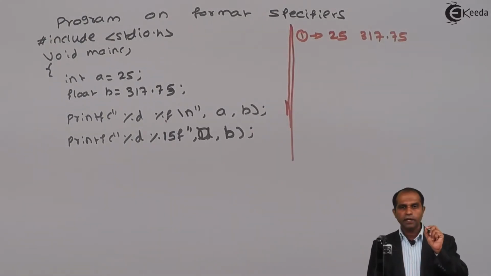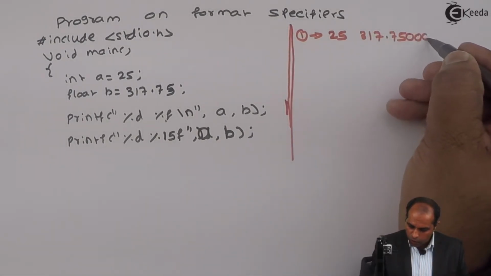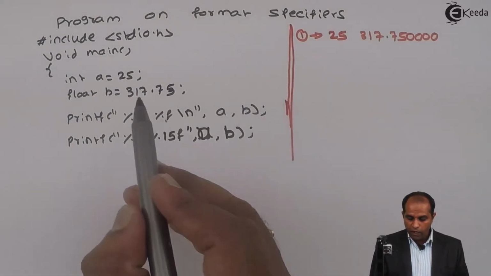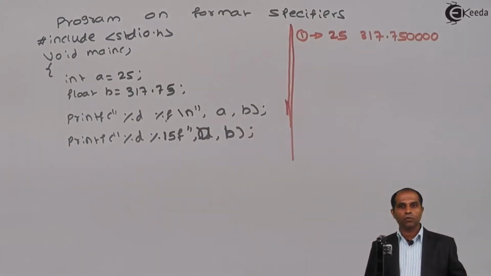Logically, it could have printed only 317.75, but in fact, this will not be just 317.75. A %f specifier will always print the fractional value with 6 decimal digits. Hence, the value of b, for you it might be 317.75, but on the screen you'll get this output.